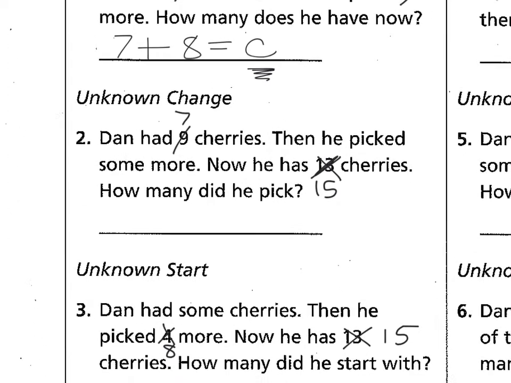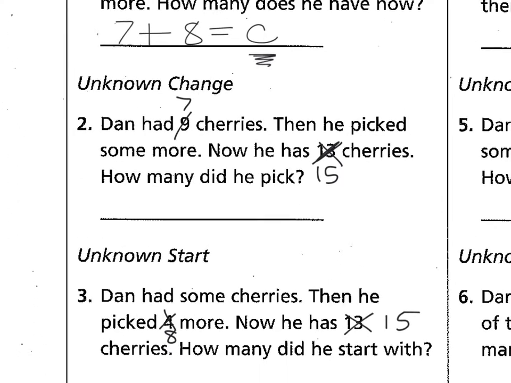Next, Dan had 7 cherries, then he picked some more. I'm visualizing Dan having 7 cherries, then he's picking some more, but I don't know how many. Now he has 15 cherries. So he ends up with 15 cherries is what I'm visualizing. How many did he pick? All right, well, in my mind I saw this. He had 7 cherries, then he picked some more cherries, we'll give it the variable c, and he ended up with 15.